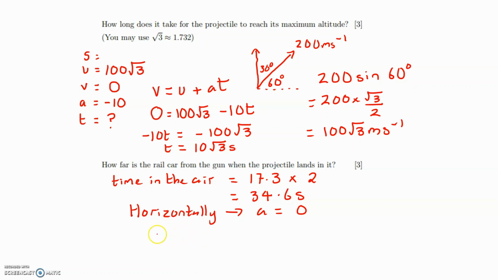So basically we can just use the equation speed equals distance over time, and rearranging that, distance equals speed times time, and v is the horizontal component, so it will be 100 times the total time it was in the air for, 34.6, which gives us a distance of 3,460 meters.